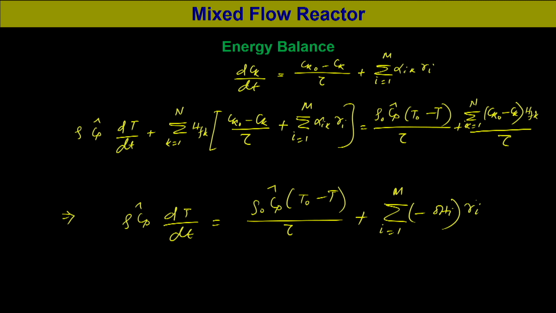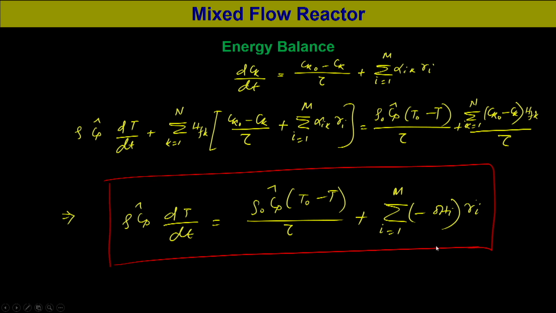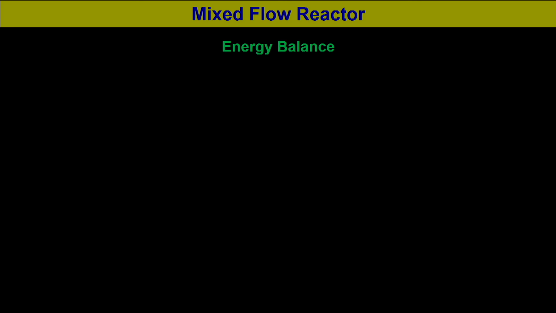So, this is the energy balance equation for the CSTR. Now, if the reactor is not adiabatic, there would be heat flux through the wall, say Q_H.